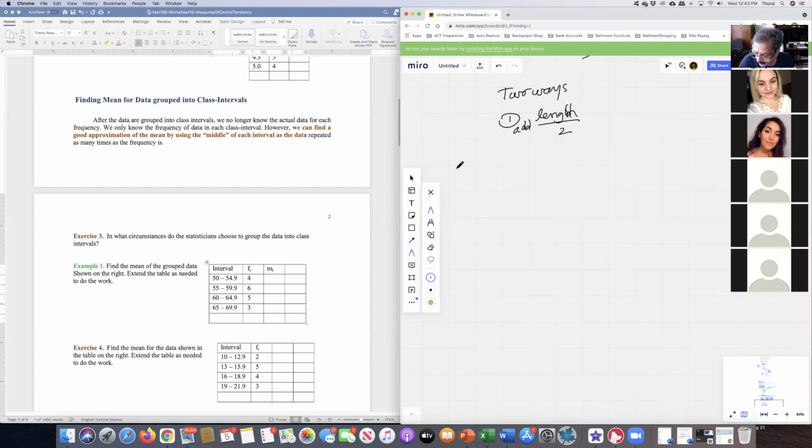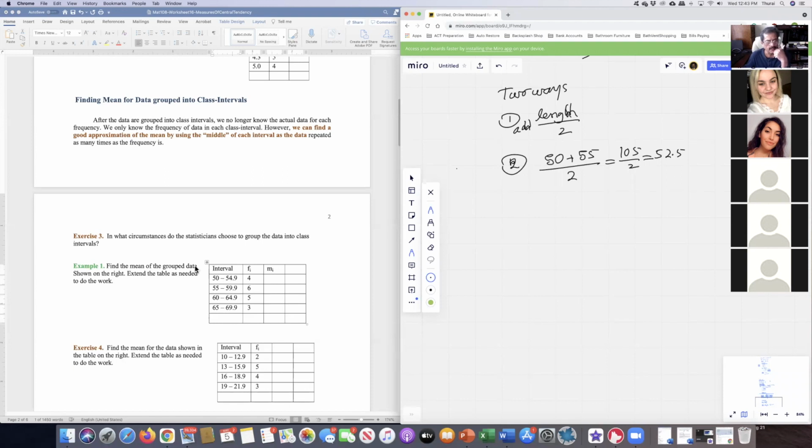That's one way. The second method is just to average the left endpoint and the right endpoint, 50 and 55, add them up, divide by 2. That's equal to 105 over 2, same as 52.5. So either average the two endpoints, but you have to remember that 54.9 means 55 is the right endpoint, just that 55 is not counted in here.